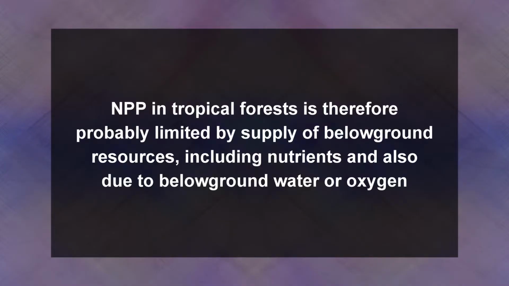A study has confirmed that NPP in dry tropical forests is moisture limited, but in extremely wet climates, NPP declines in response to increasing precipitation, probably due to oxygen limitation to roots and or soil microbes and in leaching loss of essential nutrients. NPP in tropical forests is therefore probably limited by the supply of below-ground resources, including nutrients and also due to below-ground water or oxygen.